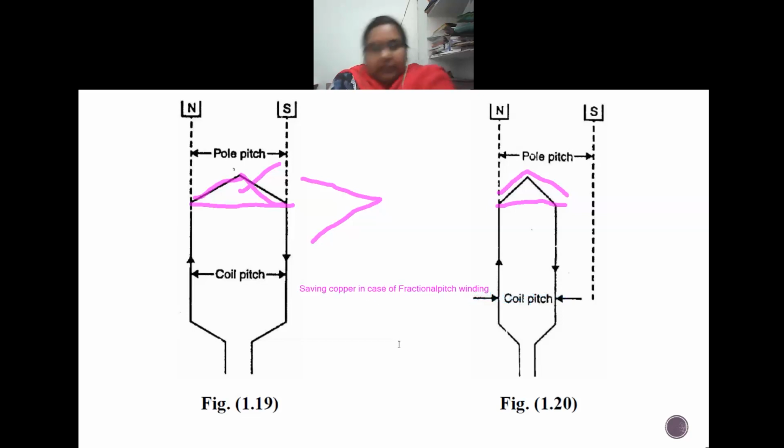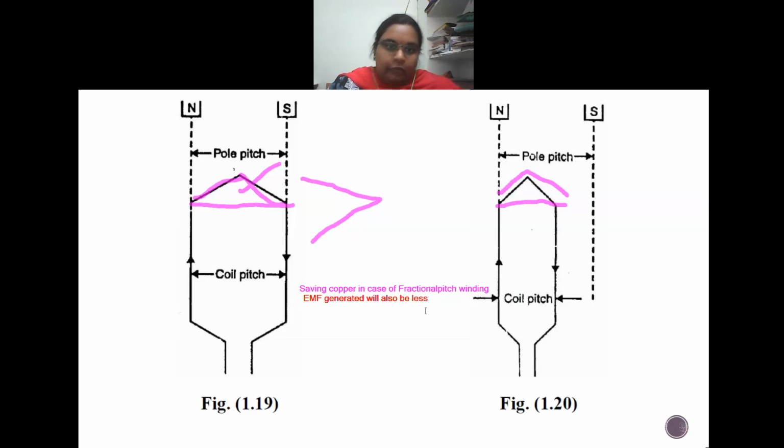But as we go for this saving of copper, accordingly the EMF generated will also be less.